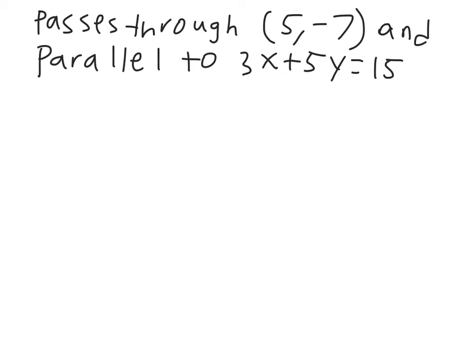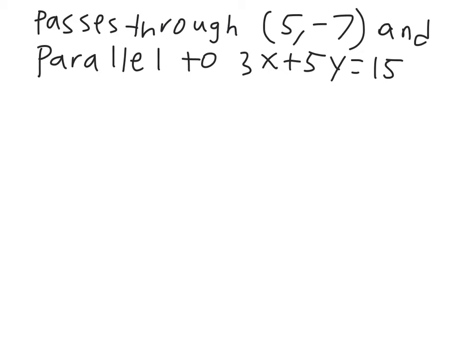Alright, so here's our first example. We want to write the equation of a line that passes through the point (5, -7) and is parallel to 3x + 5y = 15. The first thing we have to do is write this equation in slope-intercept form.